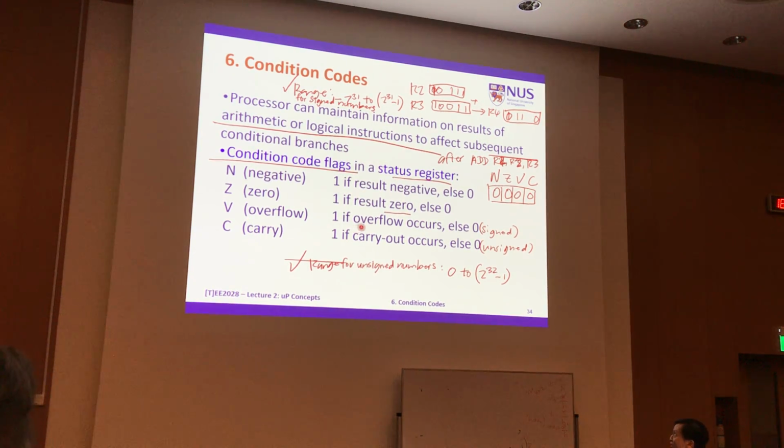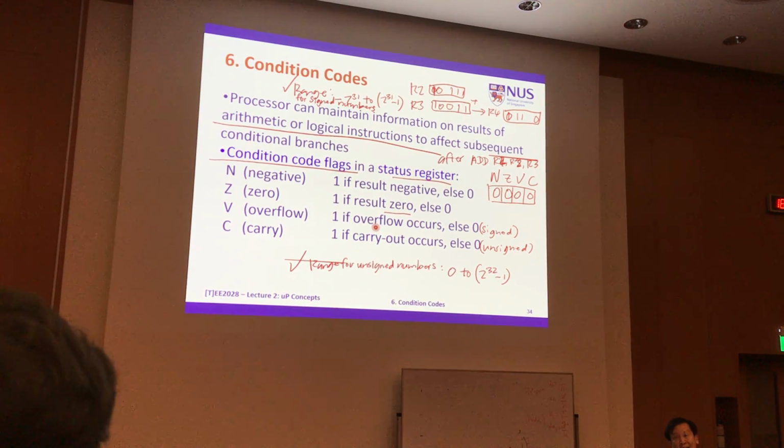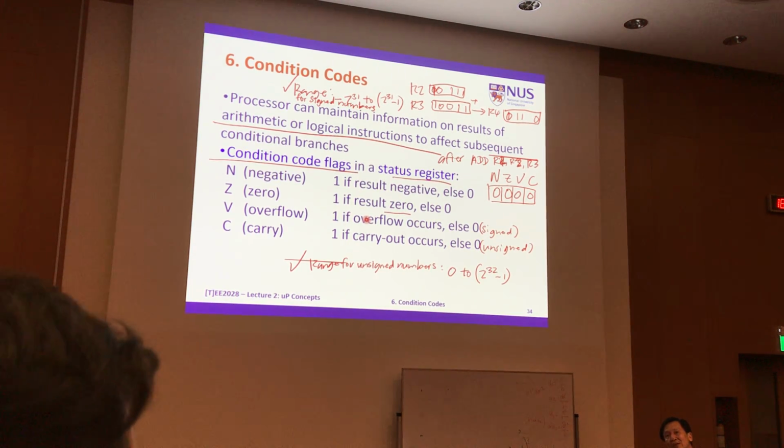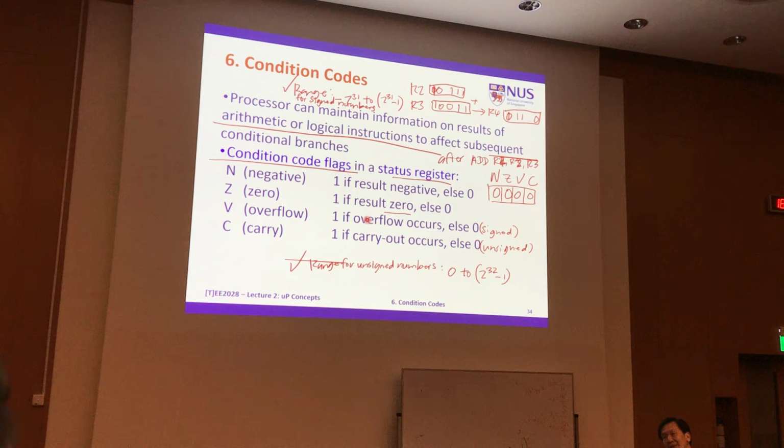And if the V flag is 1, and you intended those numbers to be negative as you said, then something is wrong. Then you cannot trust the answer in the destination register. But if the overflow flag is not set, then it's fine. It's a correct signed result. That's all we need to be concerned with.